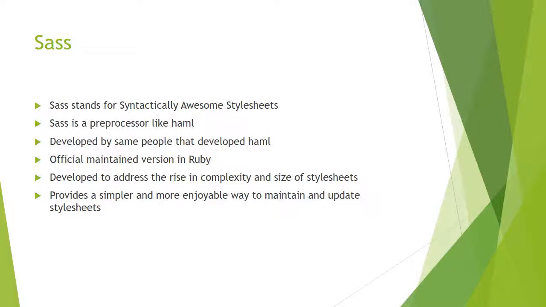So a lot of the structure is the same, a lot of the syntax is the same, which is great. And it was also developed in Ruby, just like HAML was. And the main version of SASS that's currently maintained is still maintained in Ruby, although a number of different iterations have been developed in languages like PHP and Java and C.